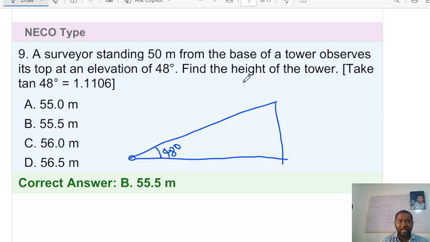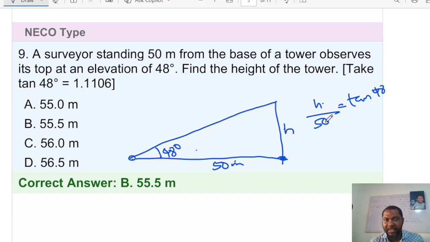The surveyor is standing 50 meters from the base. To find h, very simple: h is opposite, 50 is adjacent, so h over 50 is equal to tan 48, because opposite over adjacent is tan.